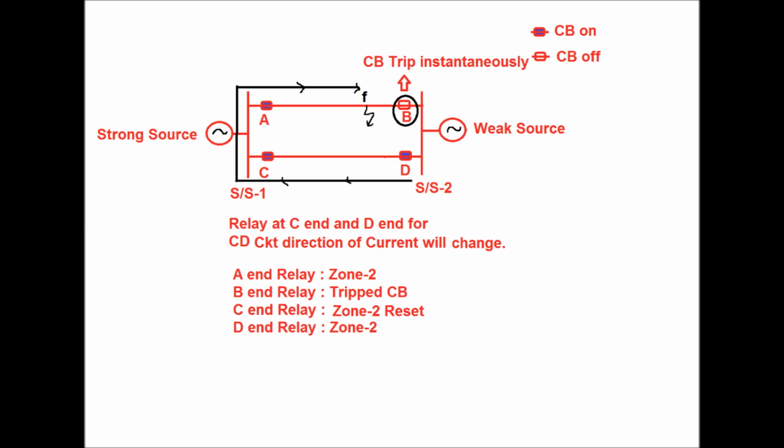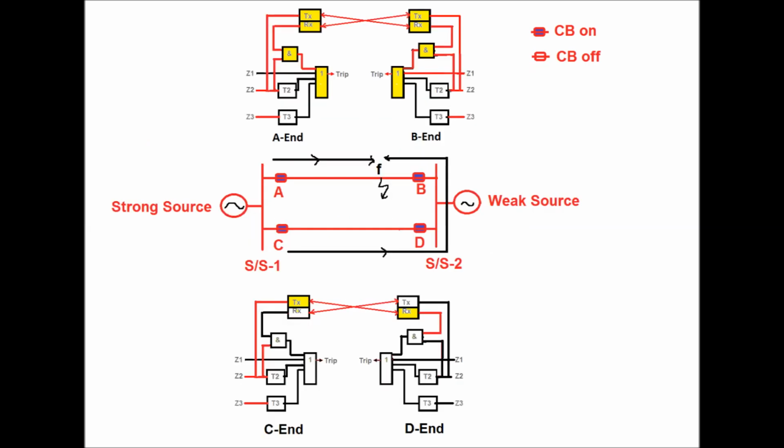But in case of the D end relay, it will detect at zone 2 due to the short length of the circuit. Now let us discuss the POTT scheme and also see the effect of the current reversal in case of the POTT scheme for a short line in case of a parallel line fault.